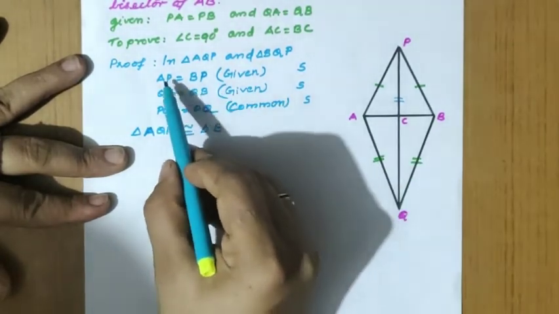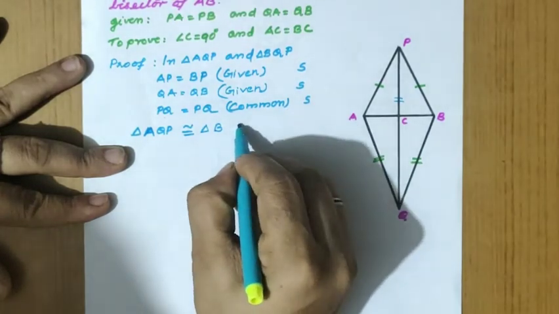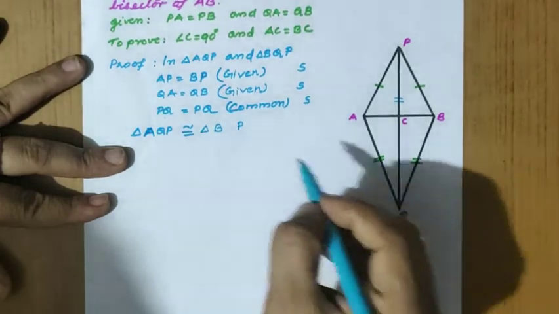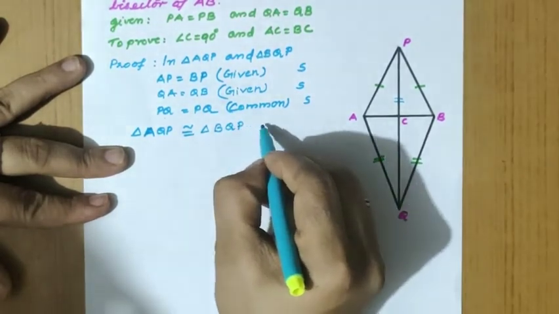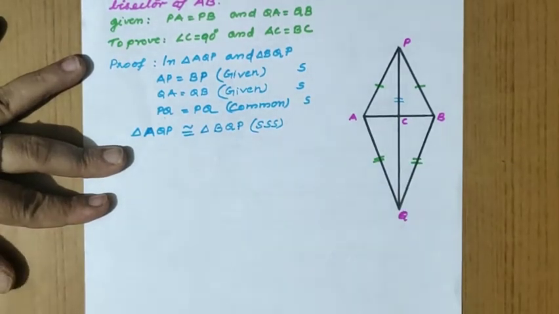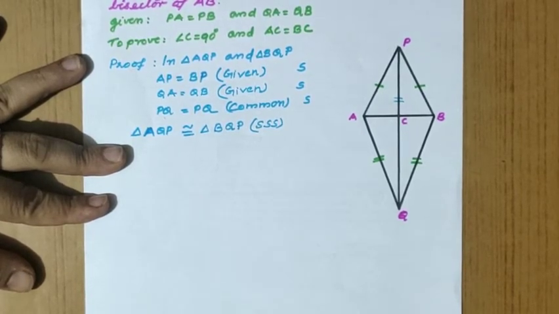Right? So A for B gone means P is P only. So the last letter is P. Now what is the next letter? It is BQP. So criteria is SSS. So we got the three sides and these two triangles are congruent.